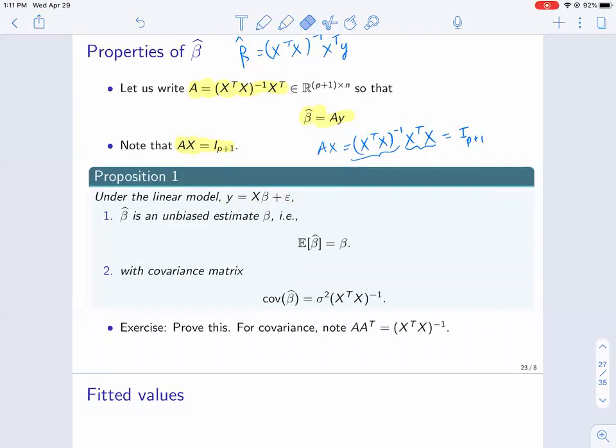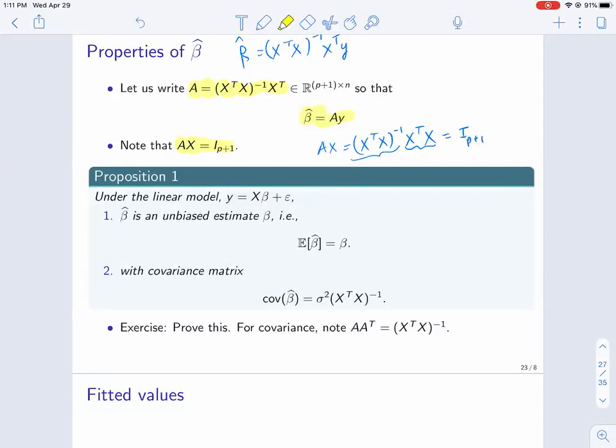An estimator is unbiased for a parameter if the expectation of that estimator is equal to the parameter for any value of that parameter. No matter what beta is, the expectation of beta hat is always equal to beta. This is good. Usually you want estimators that are unbiased.